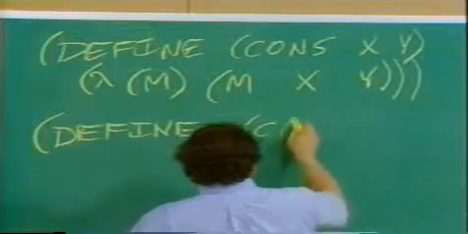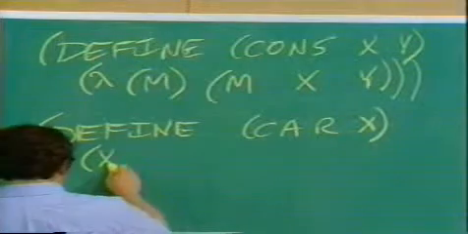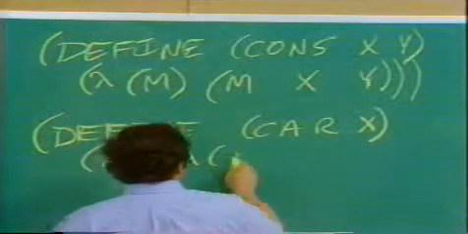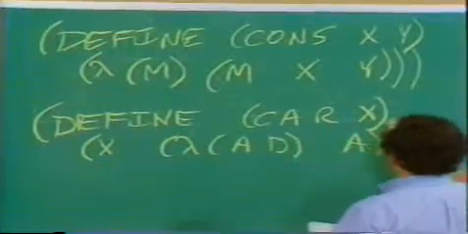Define car of x to be the result of applying x to that procedure of two arguments, a and d, which selects a.